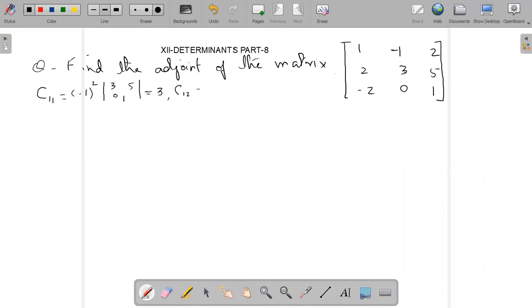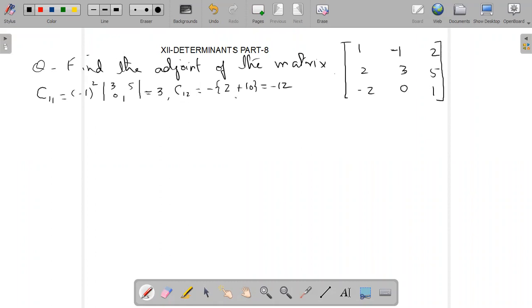Similarly, C12 is minus 1 raised to power 3, so the negative sign comes outside. 2 times 1 is 2, and minus minus plus 5 times 2 is 10, so this will be minus 12.